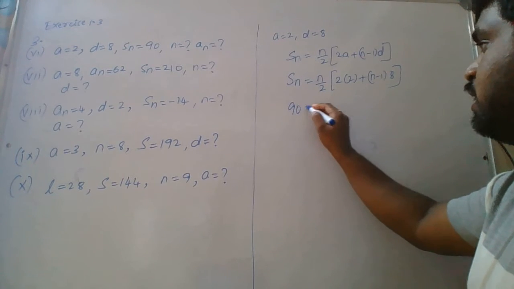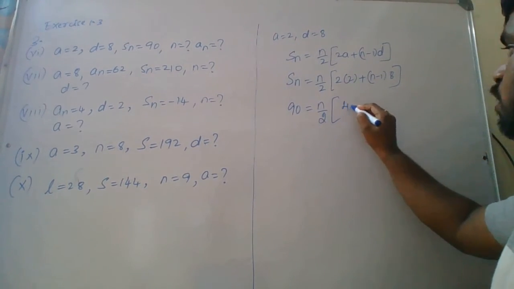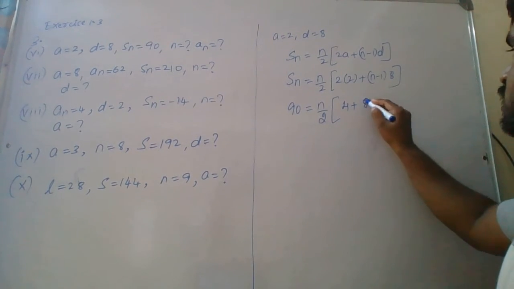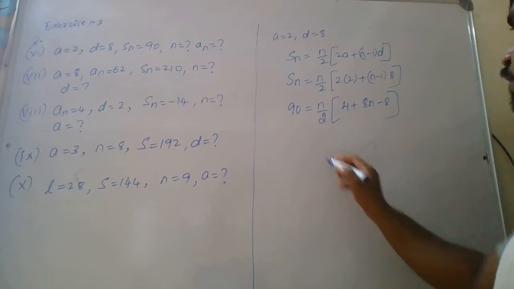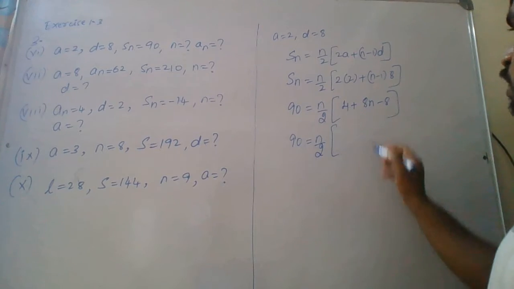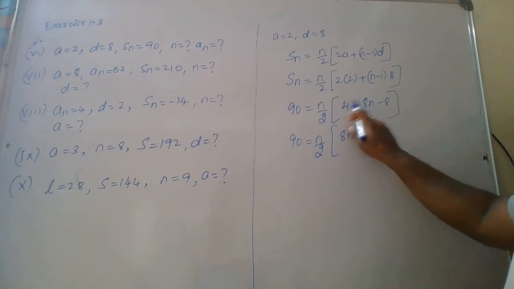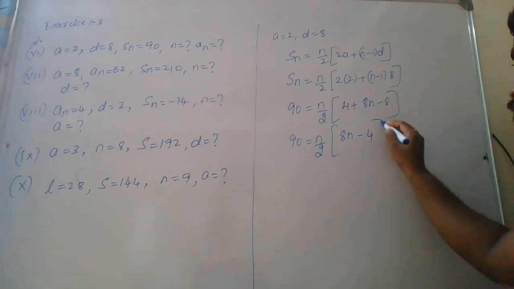So the Sn value is 90. 90 equals n by 2 into 2 2s are 4. So let's simplify this. 8 into n is 8n. 8 into minus 1 is minus 8. So here 90 equals n by 2 into 8n as it is, 4 minus 8. Like terms, 4 minus 8 gives you minus 4.